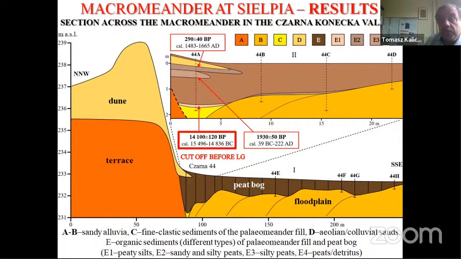For example, what we present here, especially near Krakow: downstream of Krakow we have a braided section, but at the same time, 10 kilometers downstream it was braided, and 20 kilometers downstream there were very large and very shallow meanders.